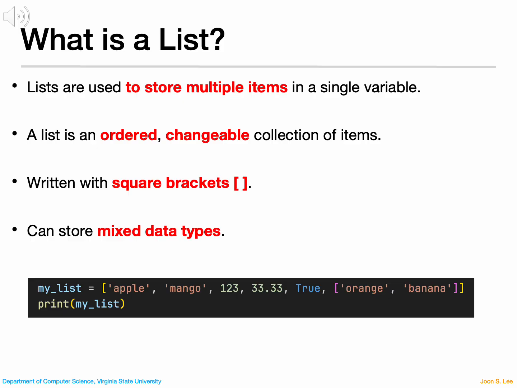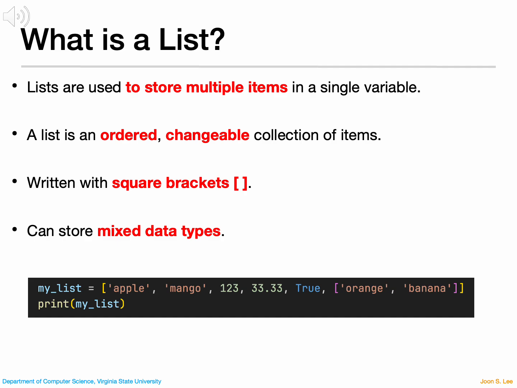They are also changeable, or mutable, which means we can modify them, add, remove, or change items after the list has been created. That's one of the biggest differences between lists and tuples, which we'll talk about later. Lists are written using square brackets. So whenever you see square brackets in Python, that's your hint you're probably looking at a list.